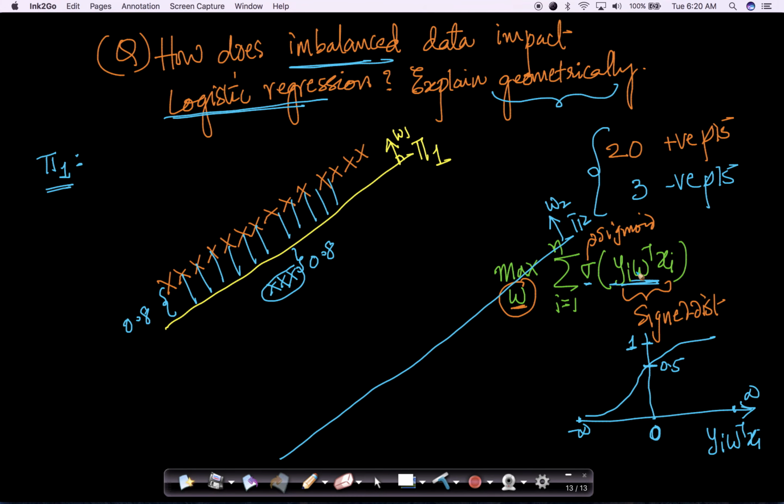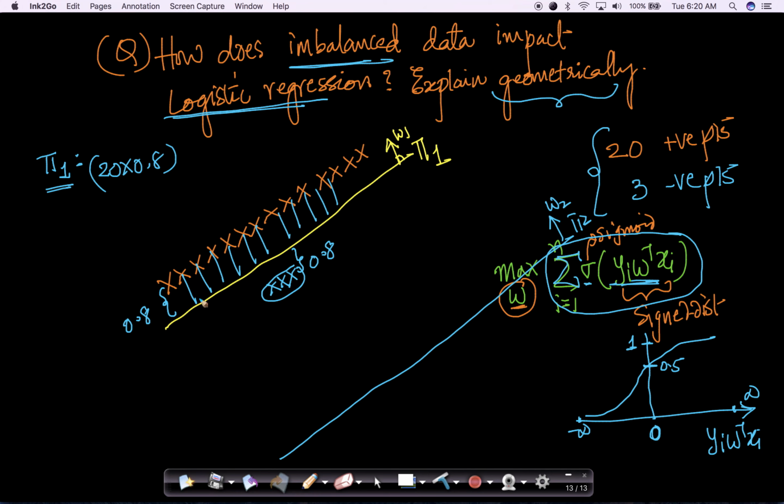So what happens to this formula, which I'm trying to maximize? I have 20 points at a distance of 0.8 here. What I mean by distance here is the sigmoid of the signed distance. For these 20 points, it is 20 into 0.8, because I have the summation here.